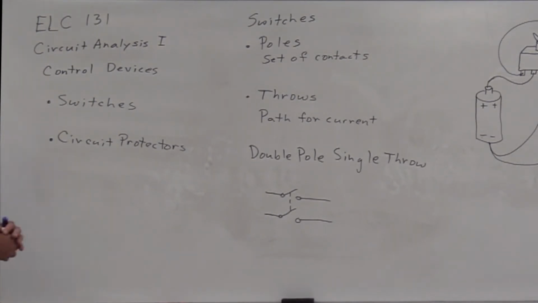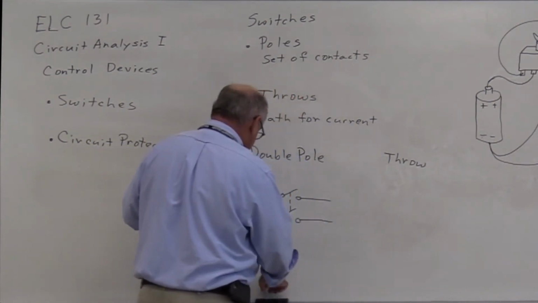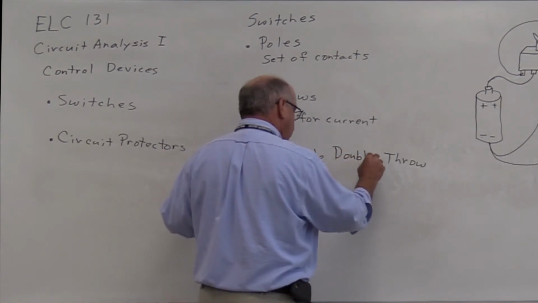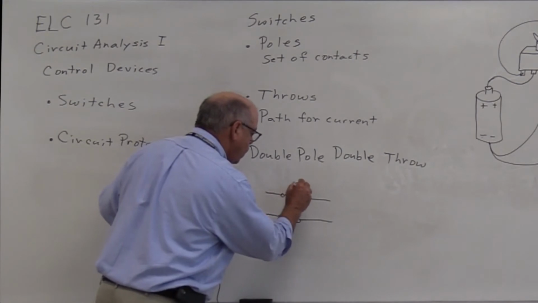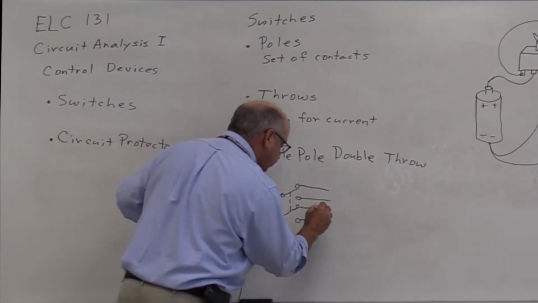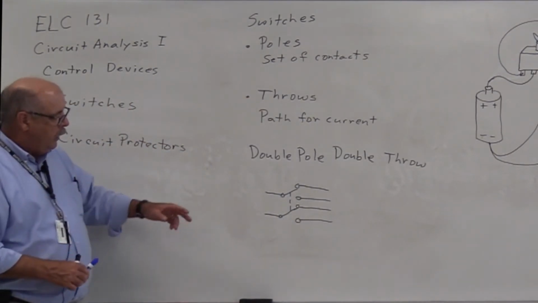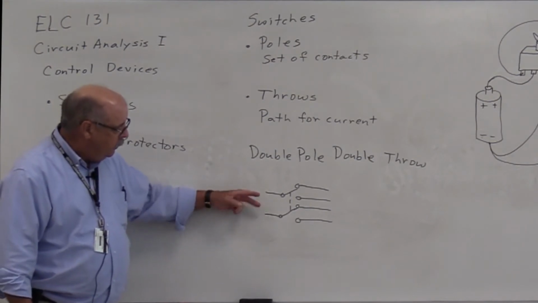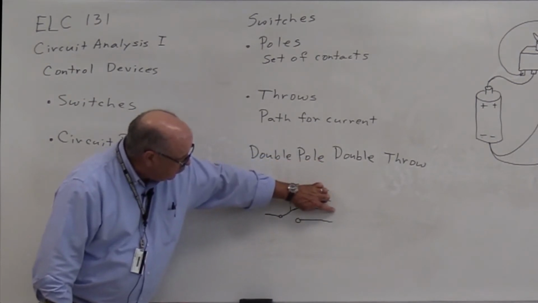Now there's also a double pole, double throw switch. And in this switch, we simply add another path for current at each contact. So in the positions shown, we would have current supplied to this point and this point.